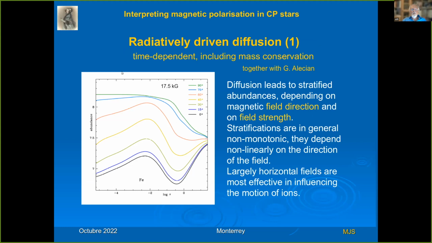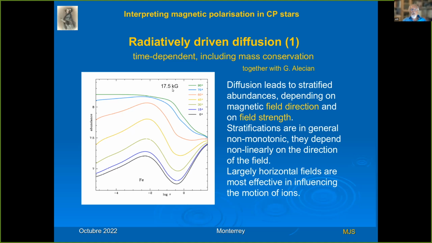So here just a few results which I obtained together with Georges Alessian over the last 25 years. And you see diffusion leads to stratified abundances. And these abundances depend mostly on the field direction and also on the field strength.